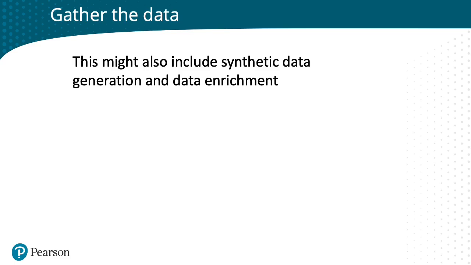So at this point, you might even do some synthetic data generation or some data enrichment so that your ingested data can be integrated with your existing data. So if there's different formats or maybe there's different file types that you expect, you might go ahead and handle that as a part of your ETL pipeline.